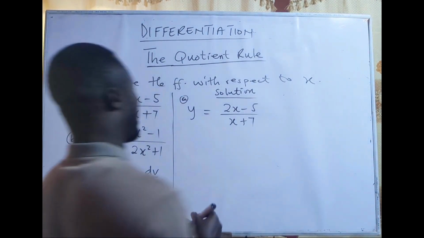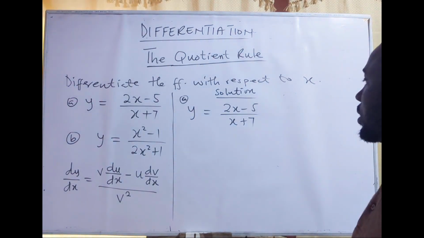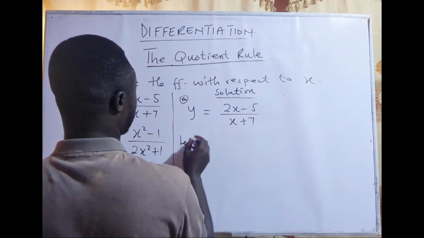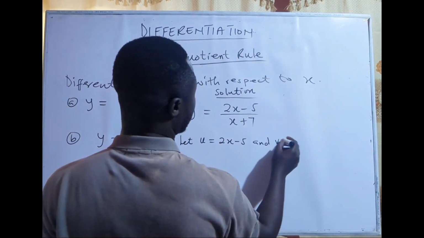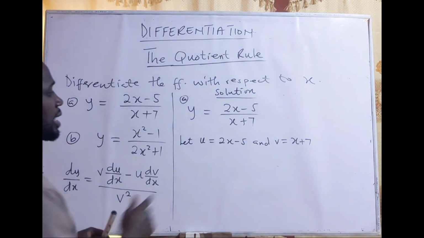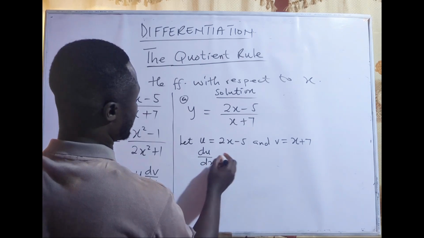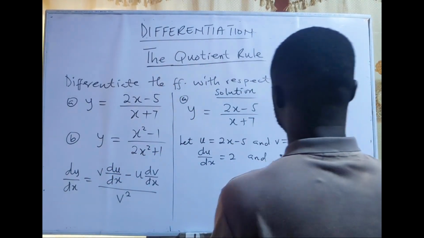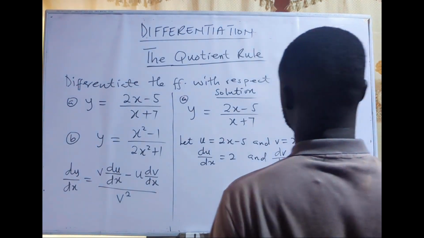So we let the numerator be equal to u and the denominator be equal to v. Let u be equal to 2x minus 5 and v be equal to x plus 7. When you differentiate u, du on dx, that will be 2, and when I differentiate v, dv on dx, that will give me 1.